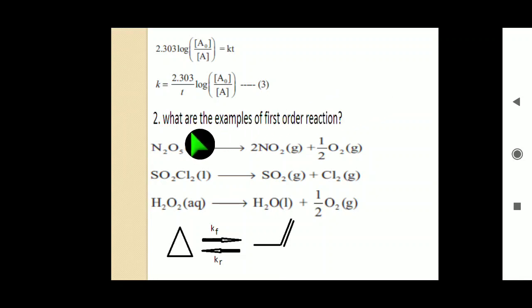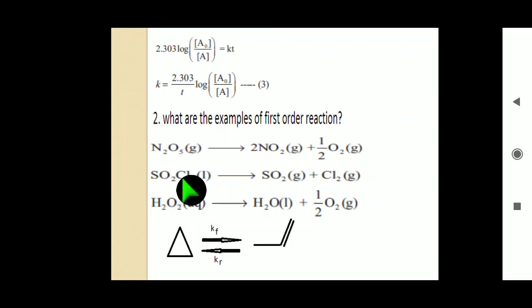Now let us go to the second question. What are the examples of first order reaction? The first equation, decomposition of dinitrogen pentoxide, it gives nitrogen dioxide and oxygen. Only one reactant is present, so it belongs to first order.